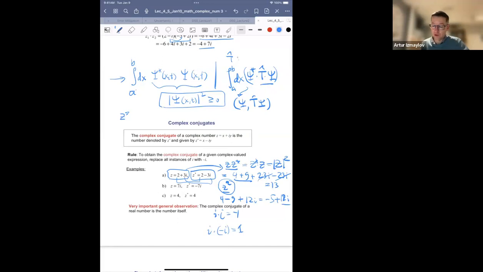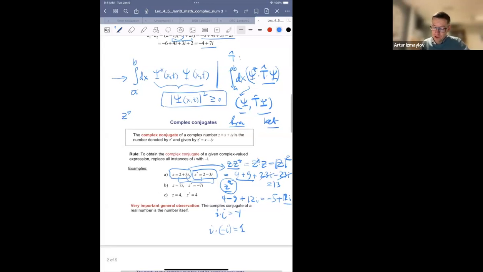The way the inner product is usually defined is that it has a conjugation in this part, which in quantum language is usually called the bra part, and this one is the ket part. They're called like this because in quantum mechanics the inner product is usually written with this bra and ket notation, which is just another way to write the same thing. It's either with round brackets, square, or these angular brackets.